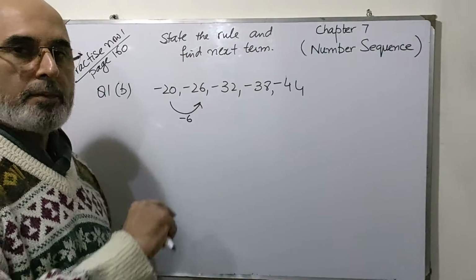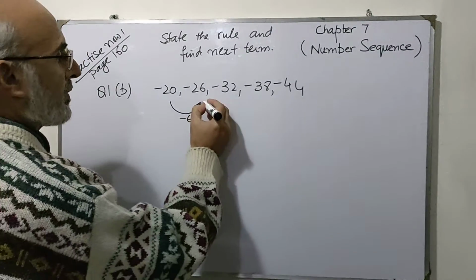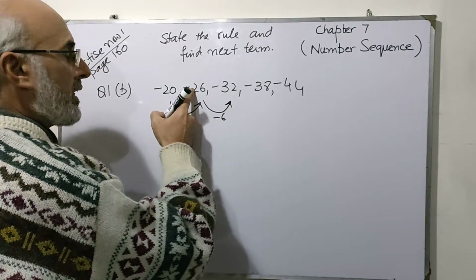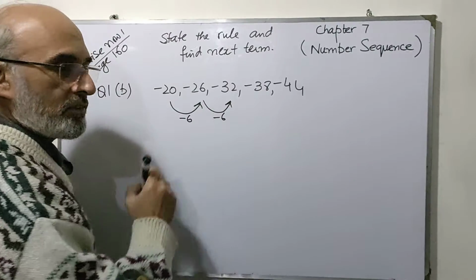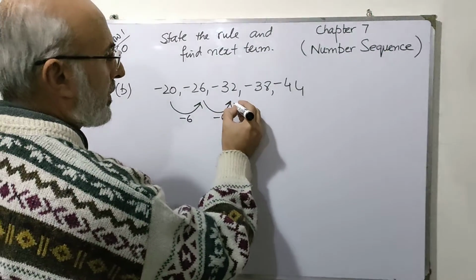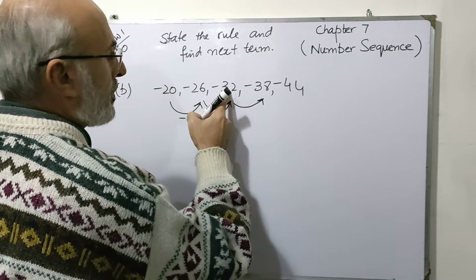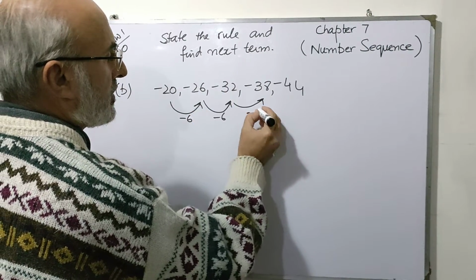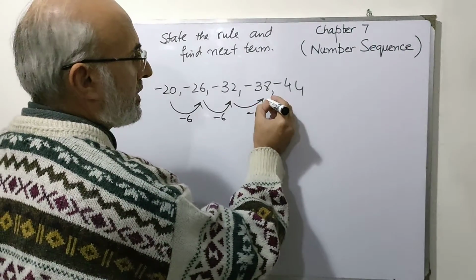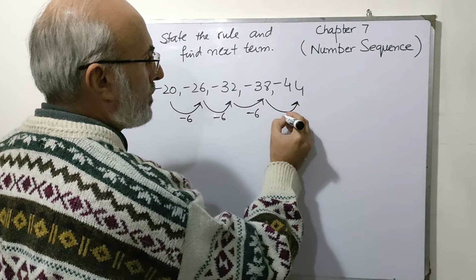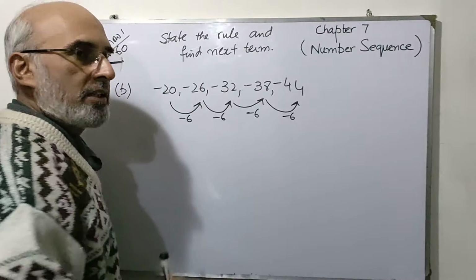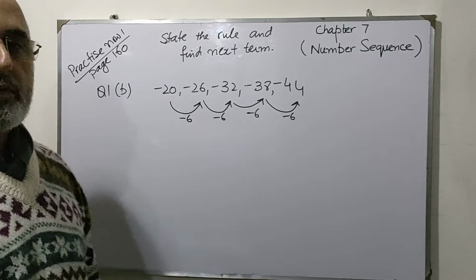Let's apply the same thing to term number 2. -26 minus 6, we're going to get -32. Now, from -32 minus 6, we get -38. From -38 to -44, -38 minus 6 is -44. So we have our rule.